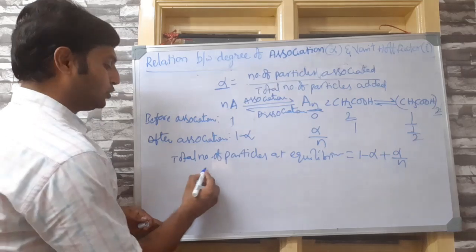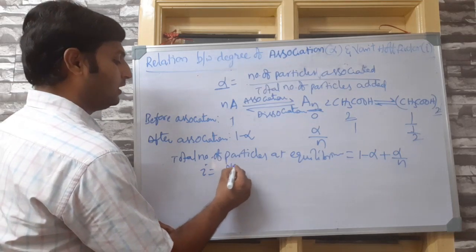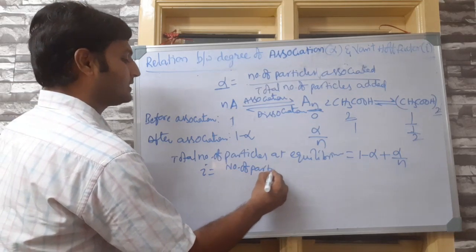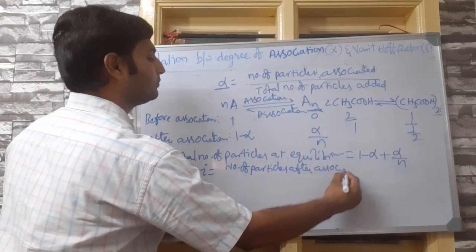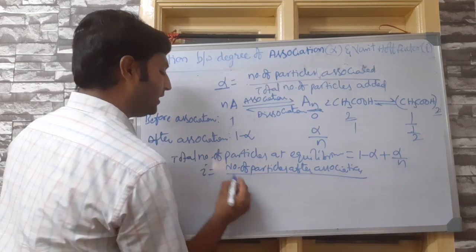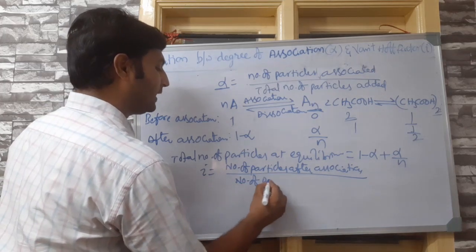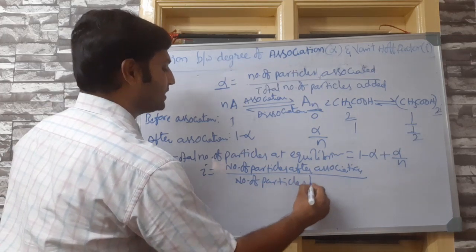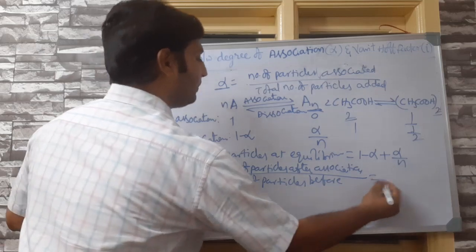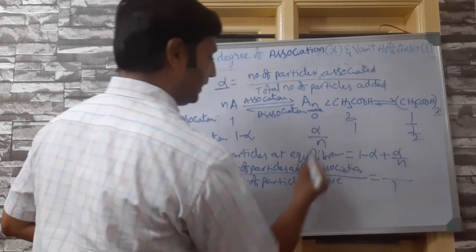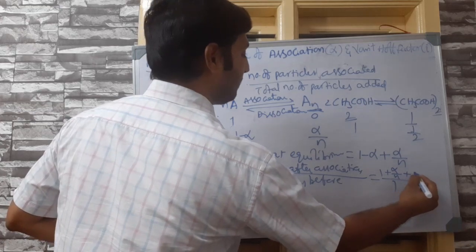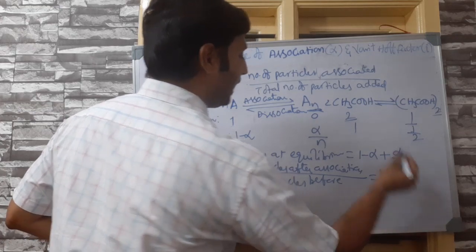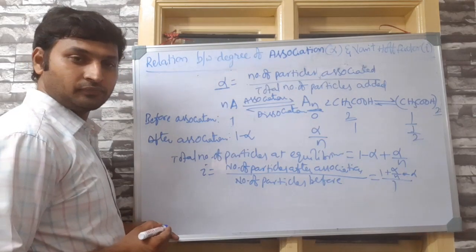Okay, now as usual, i is equal to the number of particles after association divided by the number of particles before association, right? Before association I assumed 1 particle, and after association I will write it like this: 1 plus alpha by n minus alpha. After association that much is left out.